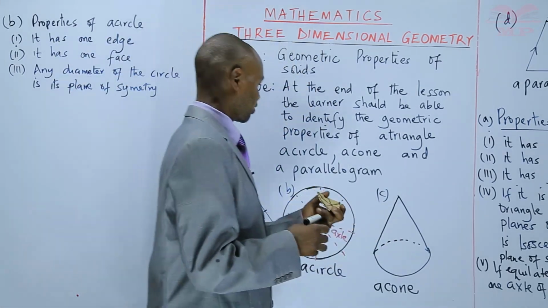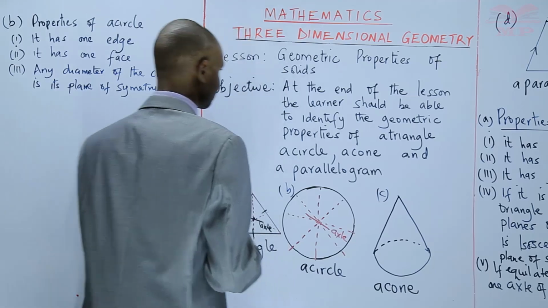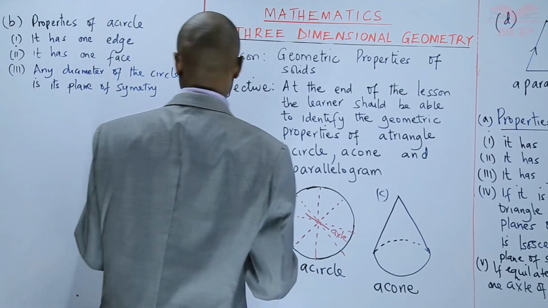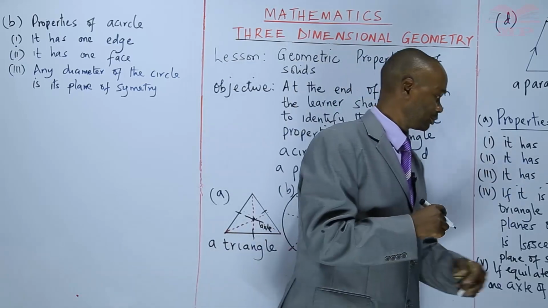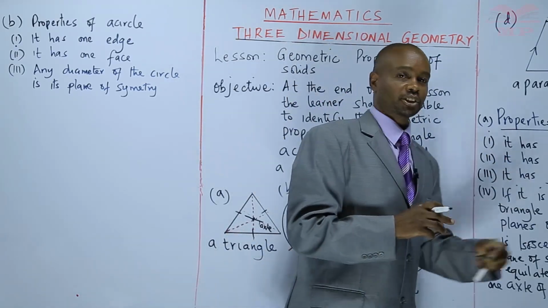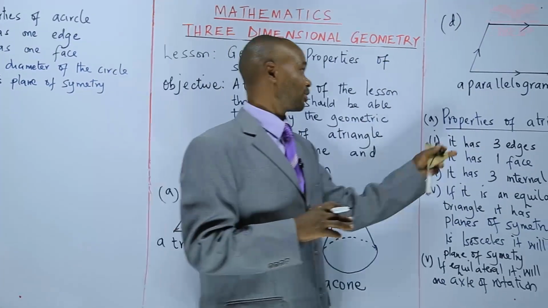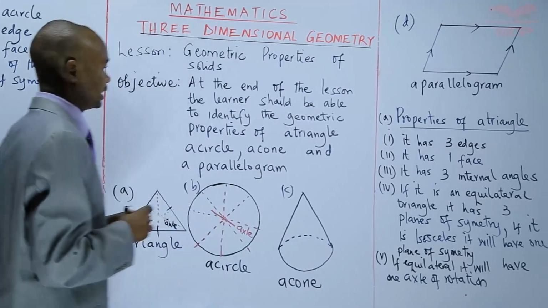So when you give the properties, for a triangle, there is one property there which will be clear. The sum of angles add up to 180.